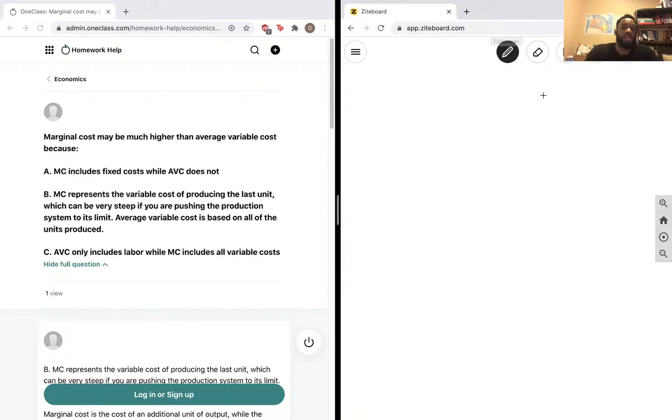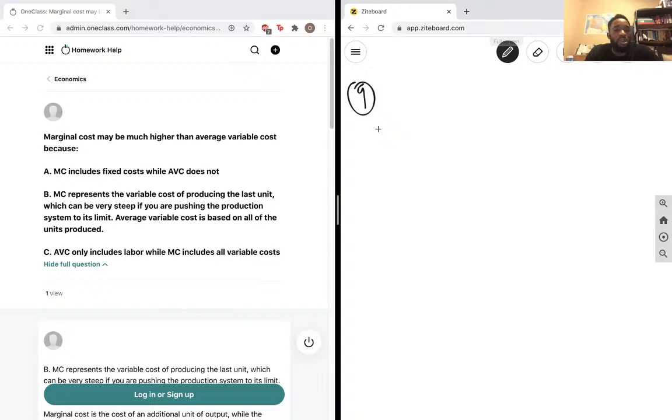I think this might be the last question today. This is question number 9. Marginal cost may be higher than average variable cost because A, marginal cost includes fixed costs while average variable cost does not.